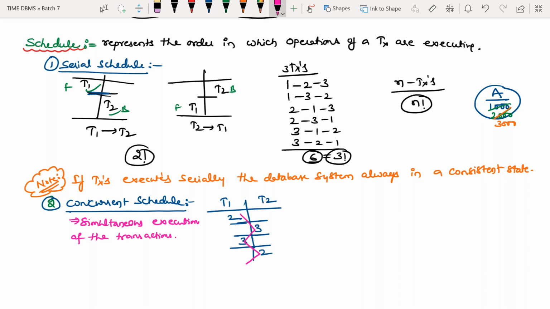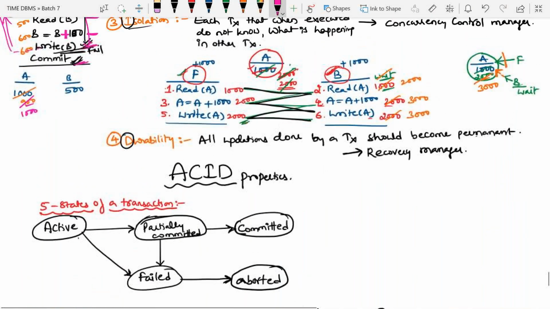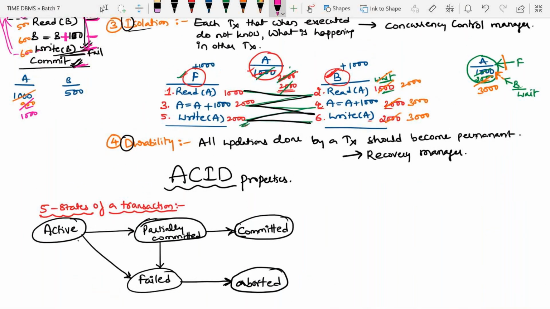Now, I showed you one example of my father and my brother depositing 1,000 rupees into my account simultaneously. This way of execution leads to an incorrect state. That's why we require a concurrency control manager to control the execution.